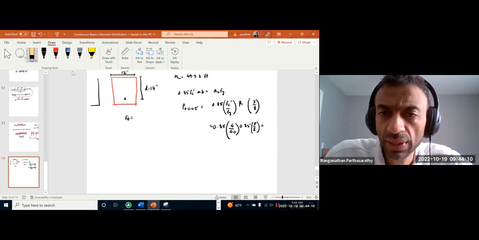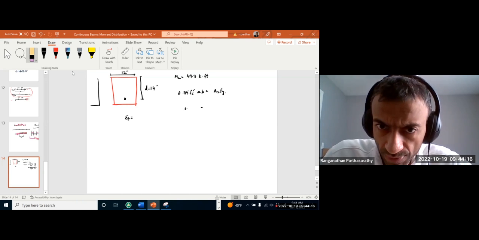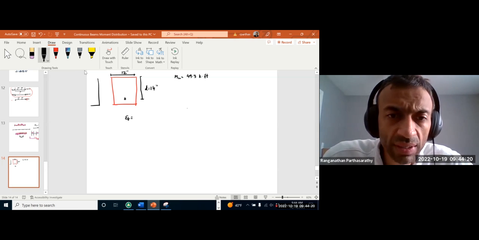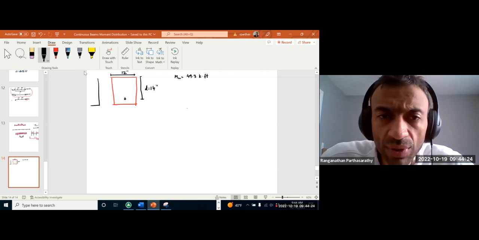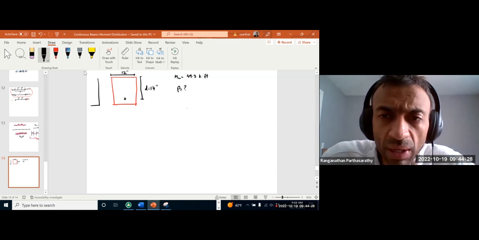Okay, let's just solve how much steel we need. We need 49.3, right? This is our Mu. So how much rho do we need? Let's do it both ways.